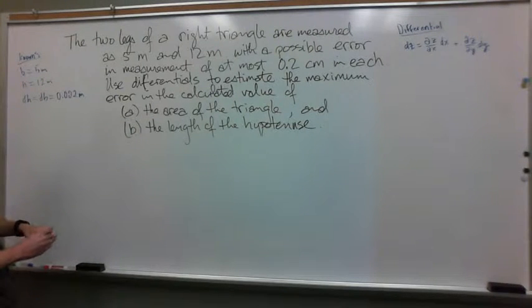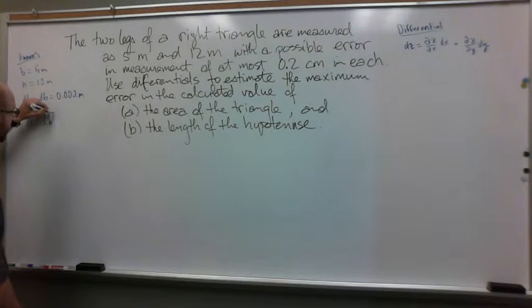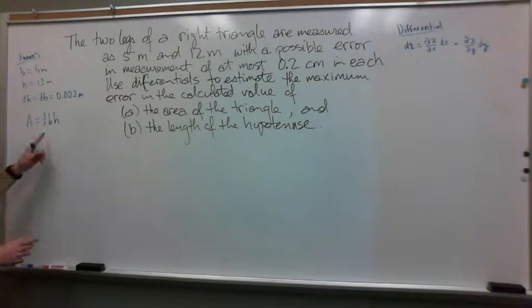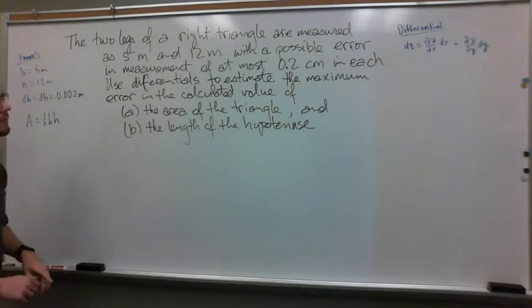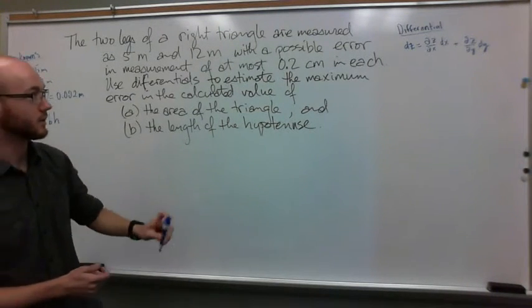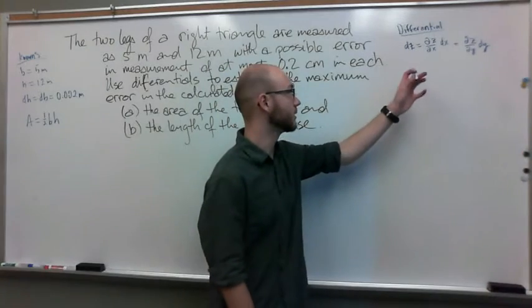Okay, so for part A, we need to find the area of the triangle. So we know that the equation to find the area is going to be 1/2 times the base times the height. Now this is a function with two variables, so in order to take the derivative of that, we need to use the differential equation.